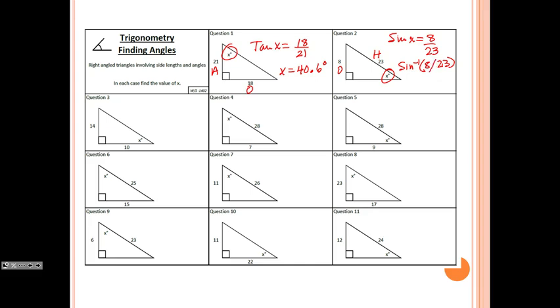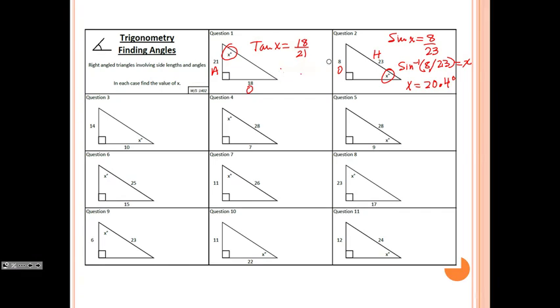Equals x. All right, I didn't write that out on the last one. Shift and sine, guys, and then 8 divided by 23. You should get 20.3, which rounds to the nearest tenth, 20.4 degrees. And I should have 40.6.